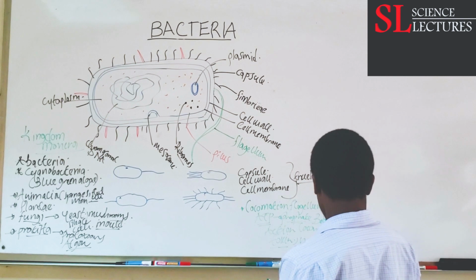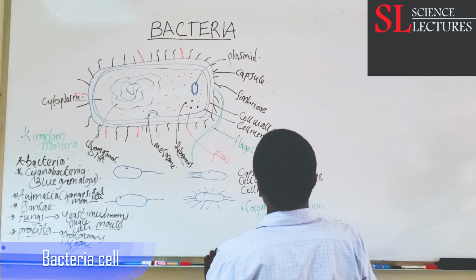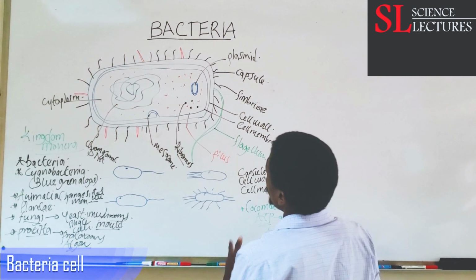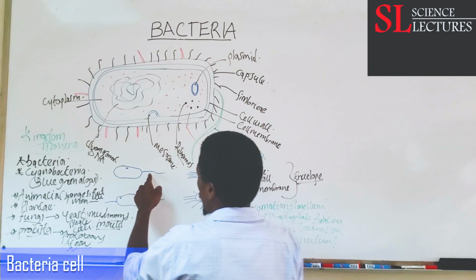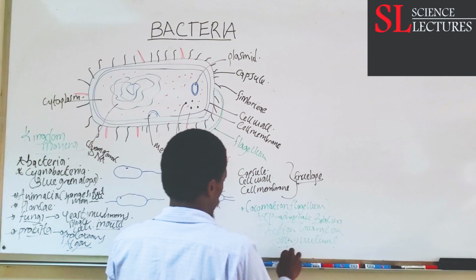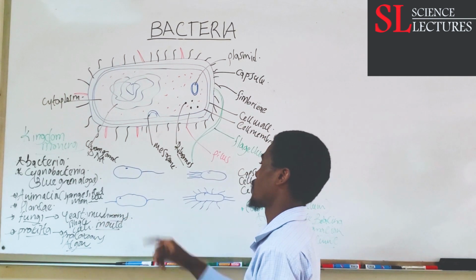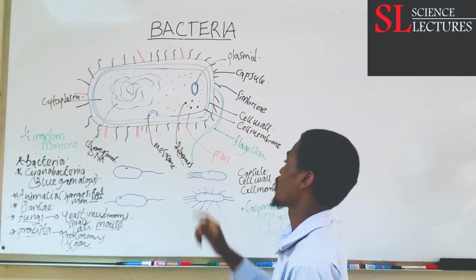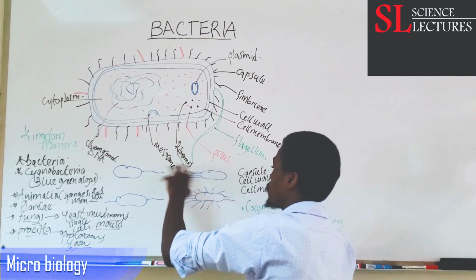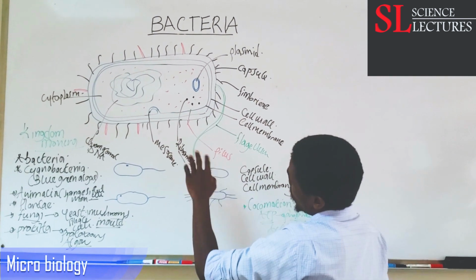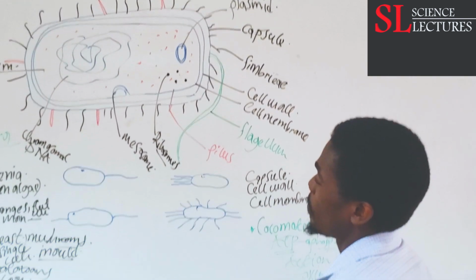However, some bacteria have the location of the flagellum differing. You will find some bacteria having the flagellum on one side, others having the flagella on both sides, and others having the flagella on one side, then all over the bacterial cell.